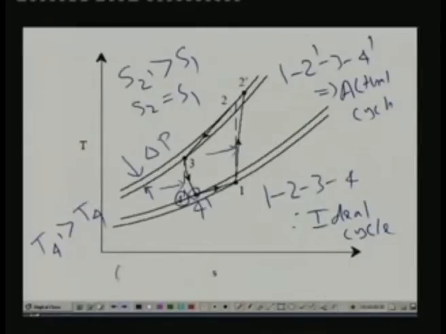Your useful refrigeration effect QL is m dot Cp into T1 minus T4 dash in case of an actual cycle, and in case of an ideal cycle this will be T1 minus T4. Since T4 is lower than T4 dash, obviously QL in the actual case will be smaller.